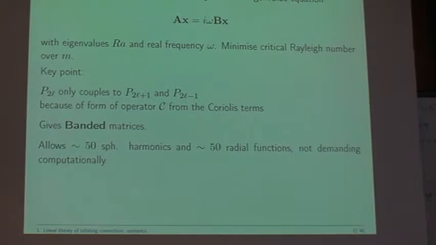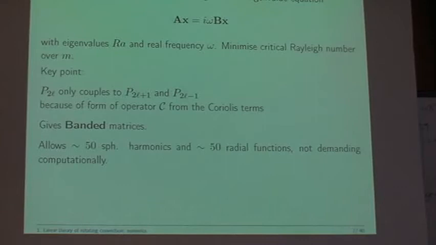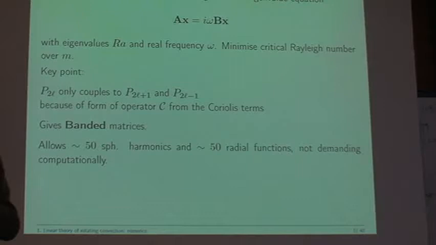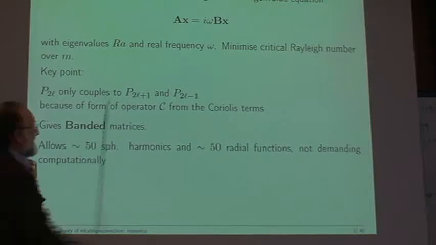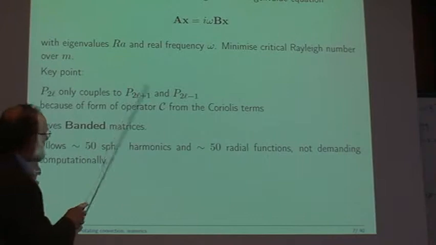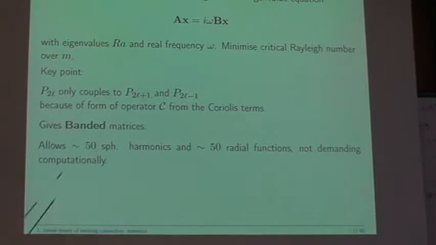Now, there's something which makes this much, much simpler than it at first appears, because it looks as though this is quite bad news, because this is an n by l by 3 vector, so it's n times l times 3, all squared, is this matrix. So it's a big matrix. But the nice thing is that the Coriolis operator only couples P_2L to P_2L plus 1 and P_2L minus 1.